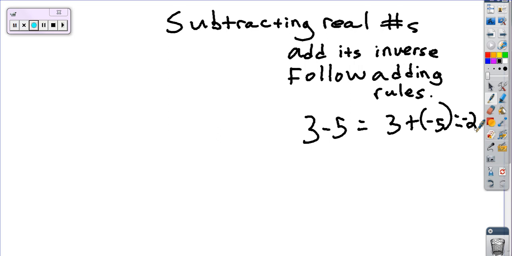All right? Now that we've seen these two rules, here's a question for you. Is the set of integers, that's positive and negative numbers, closed under subtraction?